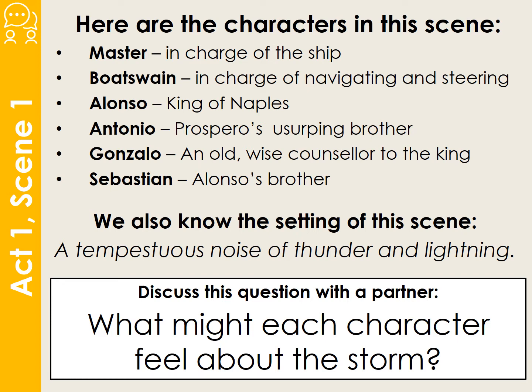So what might they be worried about in this storm? How might they be feeling about that? And then also think about perhaps Alonso, the king. How might he be feeling in a storm that's incredibly dangerous, particularly when you consider what the ships were like at this time in Elizabethan times. Think back to Mrs. Calloway's lessons on that if you want to. Okay, so pause the slide there and have a think about those questions.